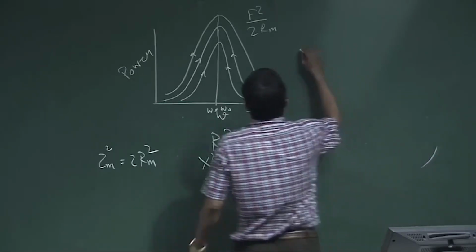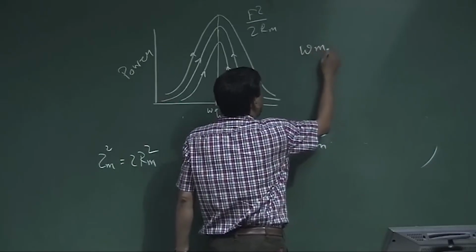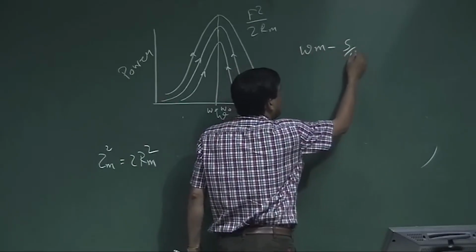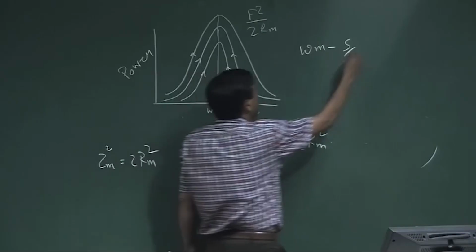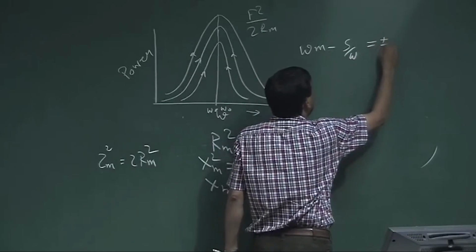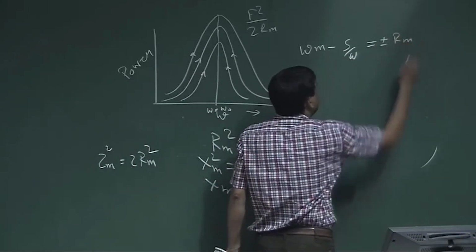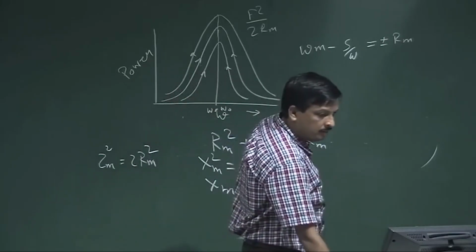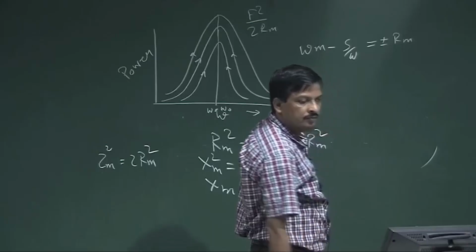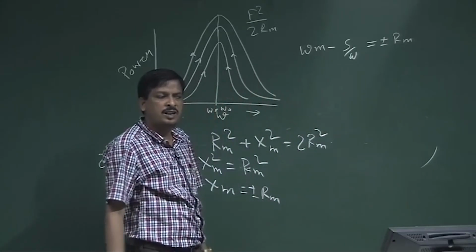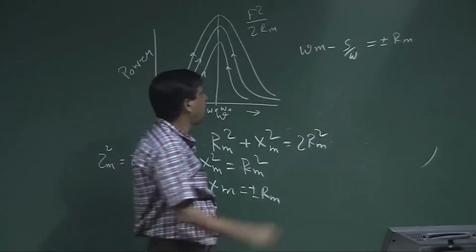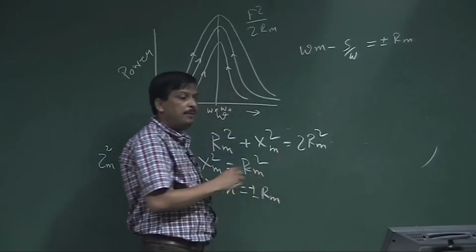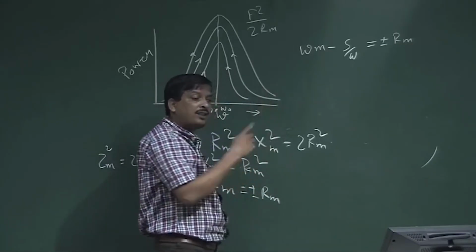Okay. So, if Xm is plus or minus Rm, then what is Xm? Reactance. Xm is nothing but omega m minus S by omega, equal to plus or minus Rm.